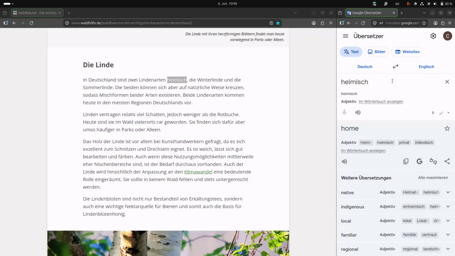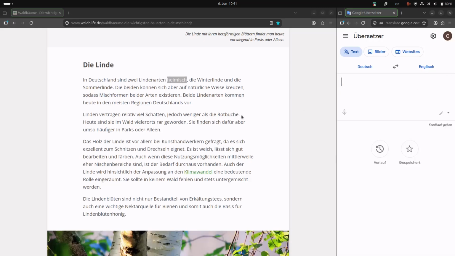Local, home, native, native. Especially in terms of plants or anything alive, it translates to native. So, in Germany are 2 linden tree species home, you could say, or native. Die Winterlinde, the winter linden tree, and the feminine form, Sommerlinde, summer linden tree.